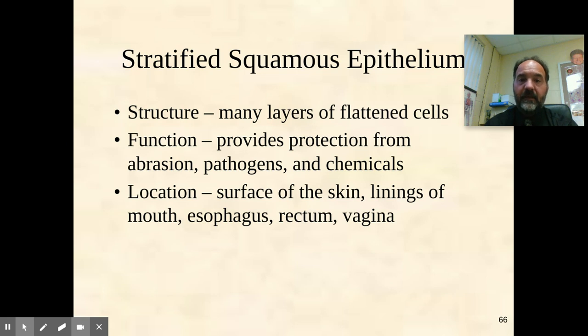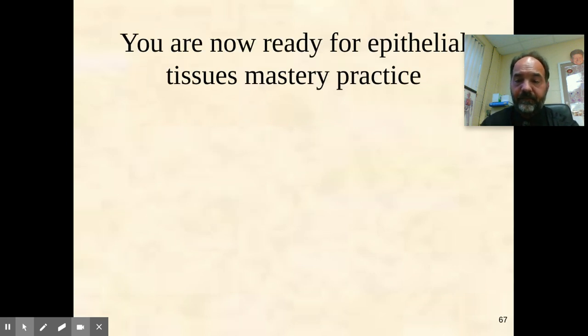So your skin, the linings of the mouth and esophagus, rectum, vagina, nasal cavities, not nasal cavities, but the nostrils. Any place that is in contact with the external environment is going to be covered with stratified squamous epithelium.